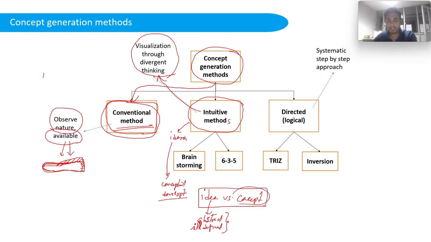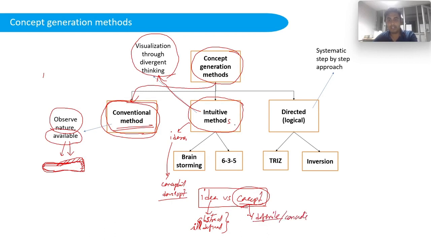However, a concept is something a bit more definitive in terms of its working, and we freeze the working principles. We freeze a particular idea into something more concrete, having detailed information about the working mechanisms, working principles, and the form, etc. So it is more definite and concrete.